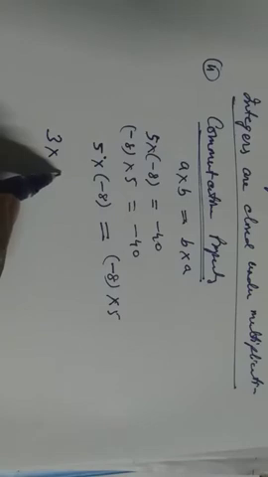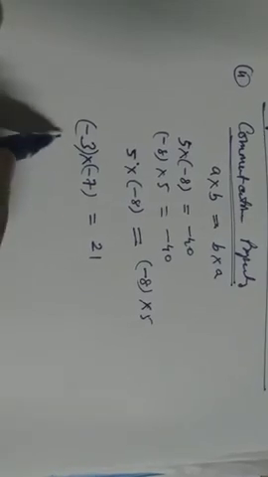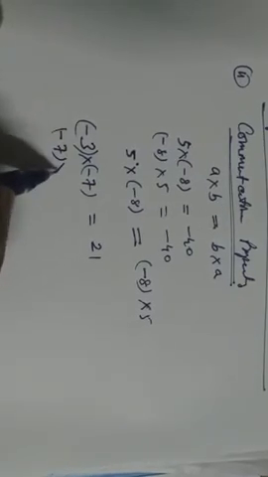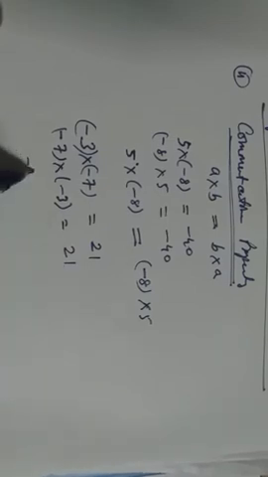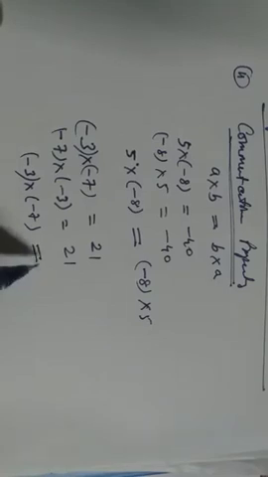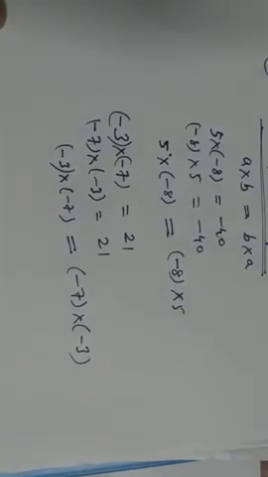You can take a few more examples. Minus 3 into minus 7 is equal to plus 21. You can reverse the order. Minus 7 into minus 3 is also plus 21. Therefore, we can say minus 3 into minus 7 is equal to minus 7 into minus 3.